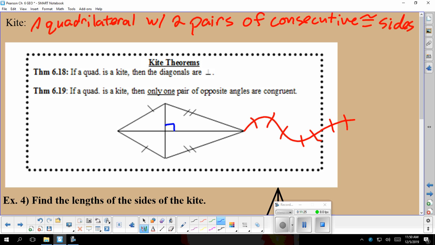If a quadrilateral is a kite, then only one pair of opposite angles are congruent. So across the short way, those guys are congruent. The long way, another property is that these angles are bisected.